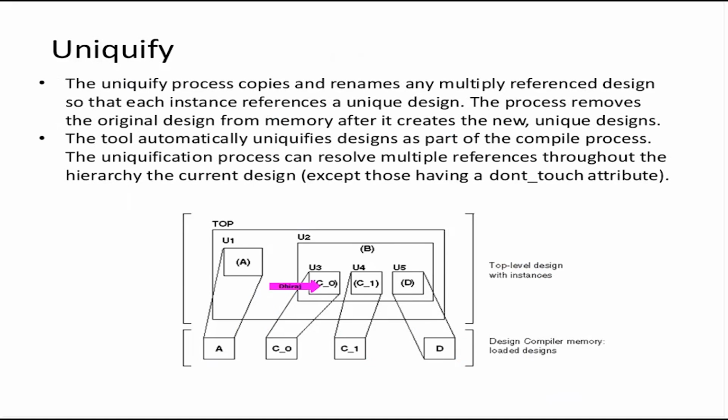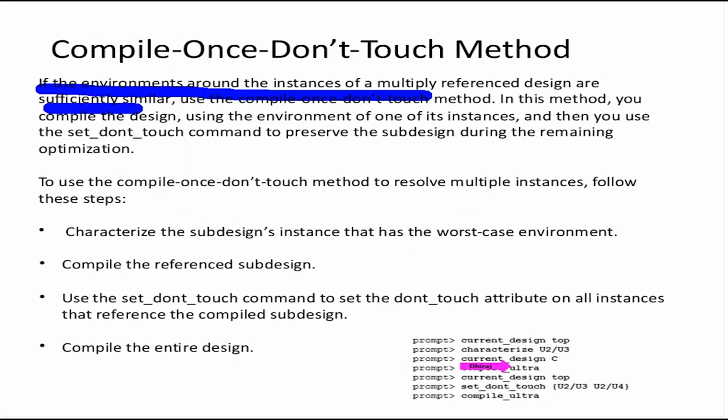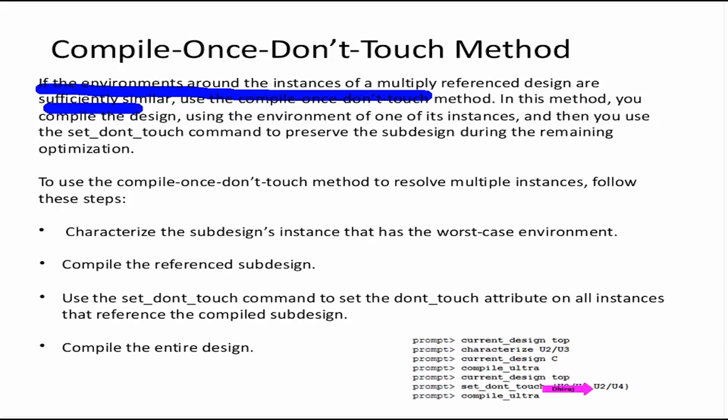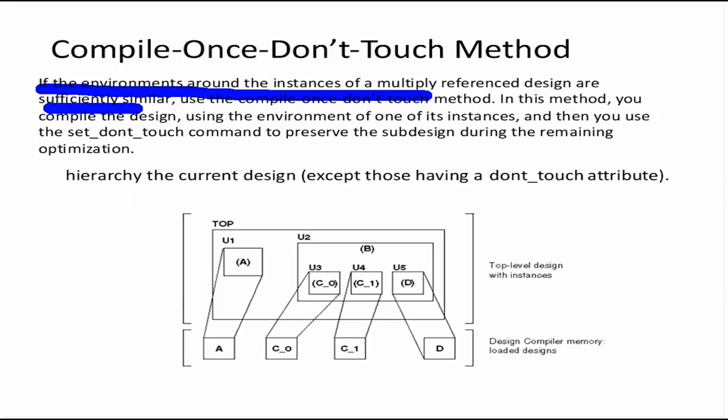Obviously, one thing missing in this script is reading the constraint. So we characterize U3, read in the constraint for U3, compile U3. Again, we set the current design to be top, set don't touch on U3 and U4, and then compile the top level again.